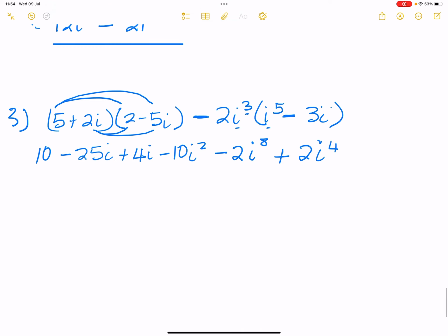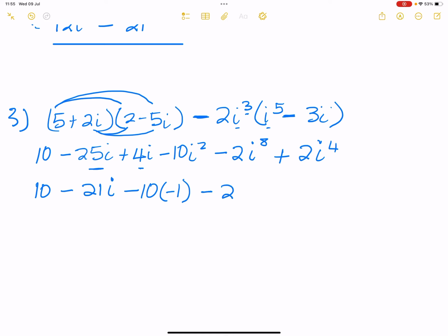Right, ladies and gents, let's look out for how we can try to simplify this. Right, I've got negative 25i plus 4i. That will be negative 21i. Okay, that's minus 10i squared, and i squared is negative 1, minus 2 times.